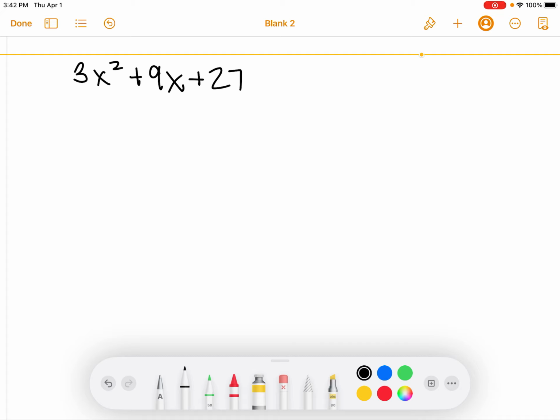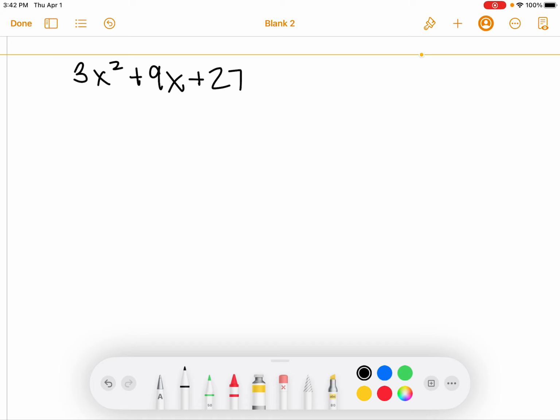I already talked about in the last lesson when to use it, so you need to watch that. But you could use it in this case because each term can divide by something. In this case, they can all divide by 3. We'll look at another example where there are 4 terms, and they can't all divide by the same thing, but 2 of the terms can divide by something and 2 by the other.